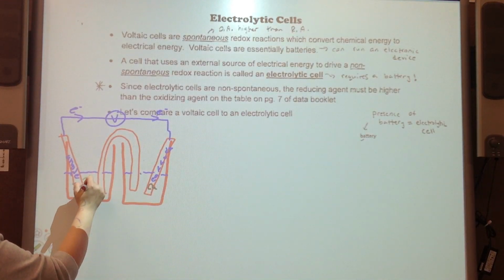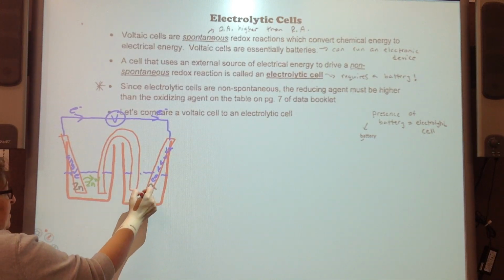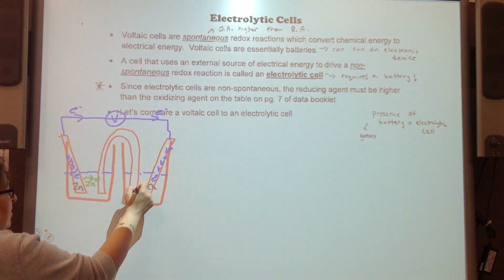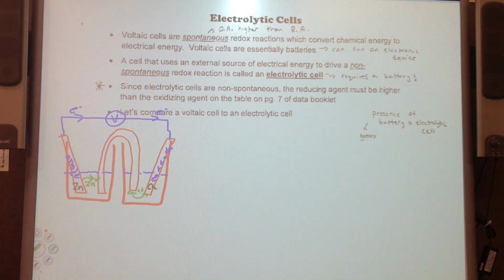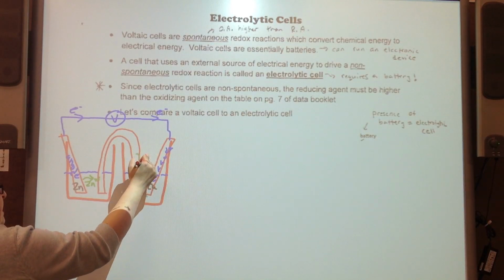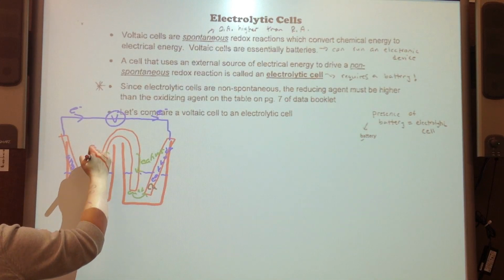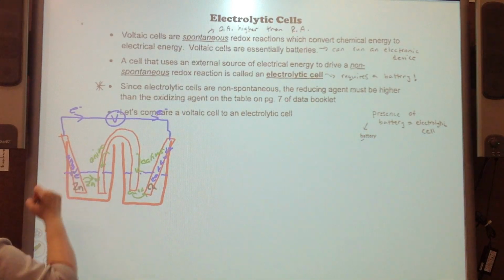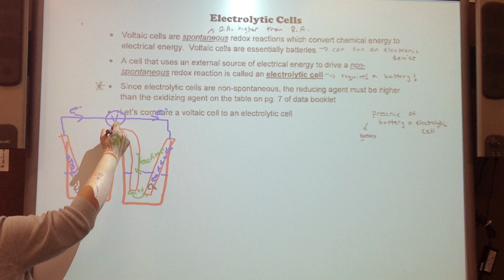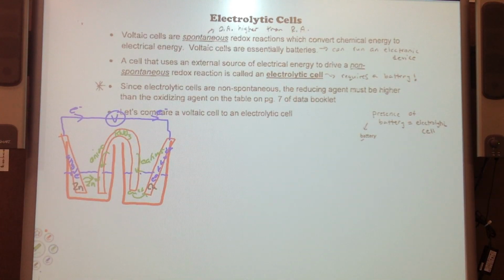In here we're going to see zinc 2+ ions flowing away, and in here we're going to see copper 2+ ions going towards the cathode. In the salt bridge, our cations are going to go this way, and our anions are going to go this way. And we'll call it KNO3. Typically anything with a nitrate ion will work.